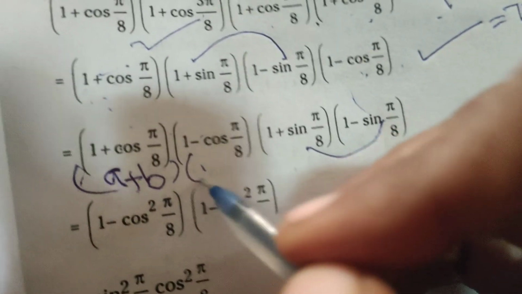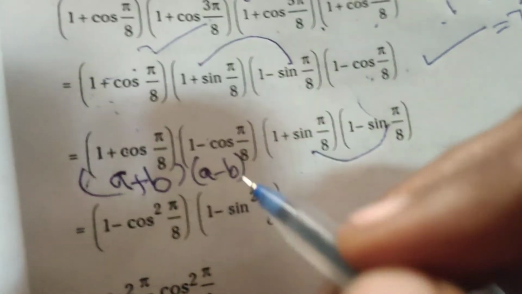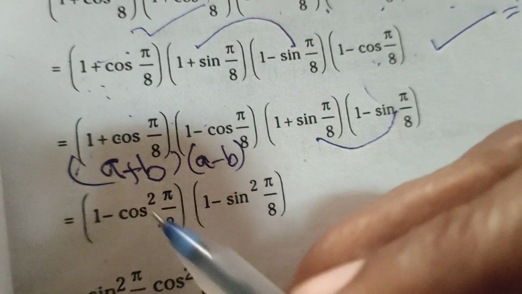Here we use the formula (a plus b)(a minus b) equals a square minus b square.